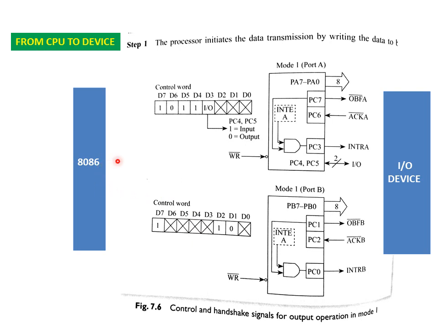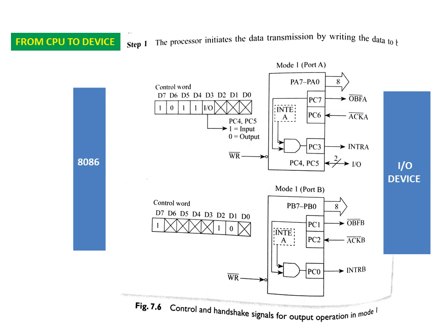Why? Because port A has some address and port B has some address. Using address signals, the 8086 processor identifies the port A address or the port B address.